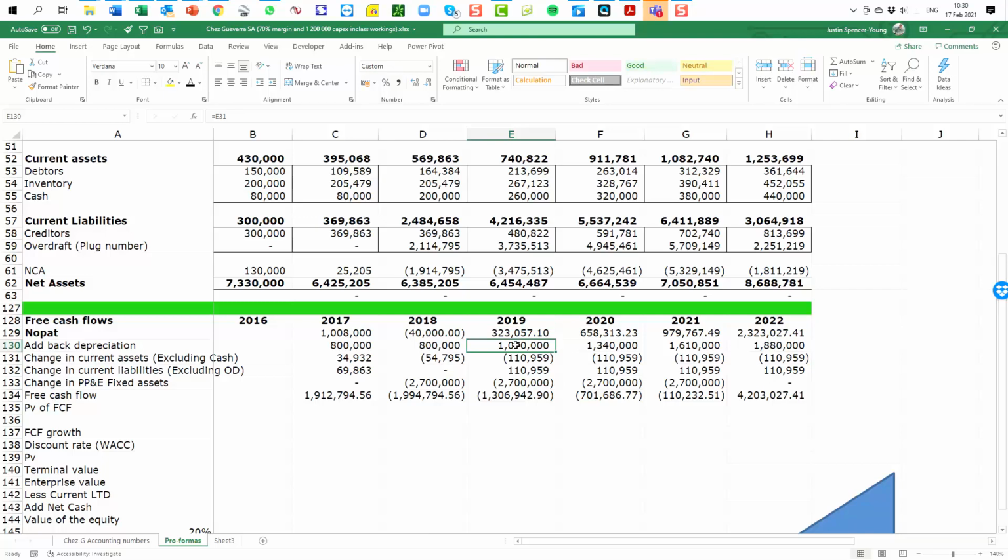We're adding back the depreciation. Notice how the depreciation gets more and more because we have more and more cafes. Notice how the current assets takes cash out of the business as the debtors and the inventory numbers get higher and higher, but we do get the benefit of the current liabilities increasing into the future because we are buying more and more from the suppliers.